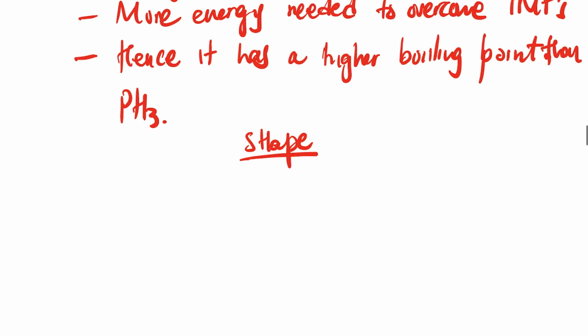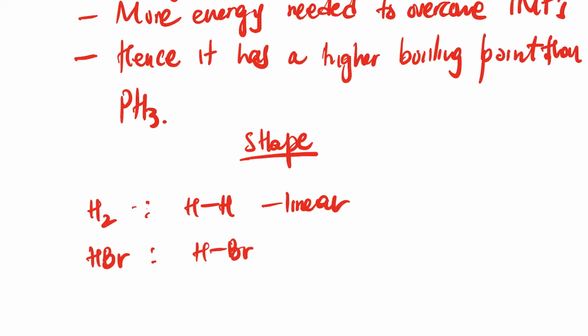Guys, another thing lastly that you need to know at grade 11 is the shapes. Now let's take the hydrogen. The hydrogen, guys, it's H2. The name of the shape is what? It is linear, right? The HBr, it's like that. The name of the shape is linear.